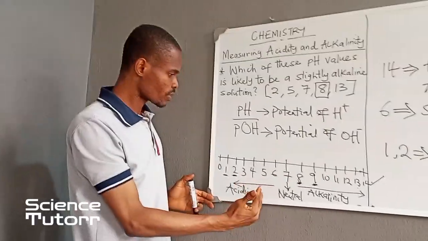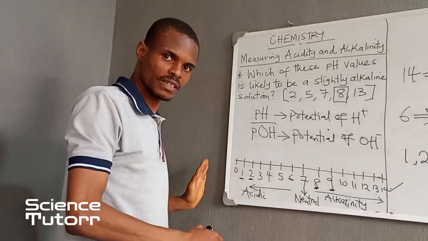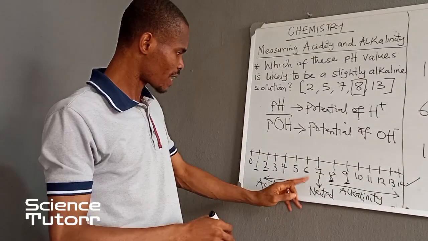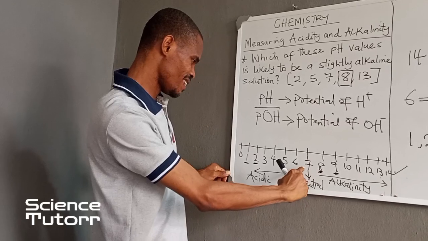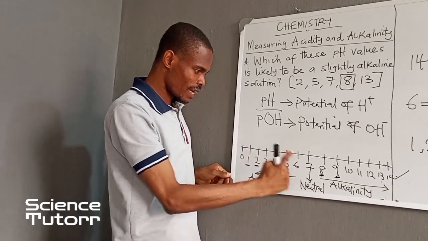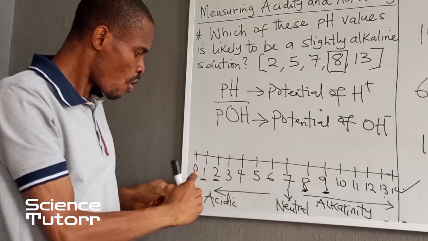Now in summary, what this actually means is, moving to the left we have acidity, moving to the right we have alkalinity. So in summary we can say the acidity of a solution increases with decreasing pH value. That is to say, as the pH value decreases, it becomes more acidic.